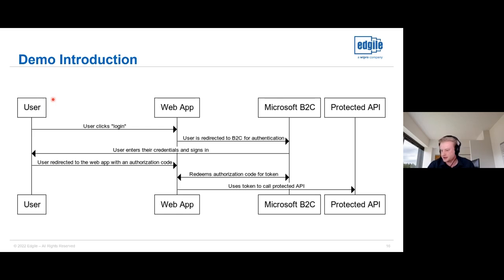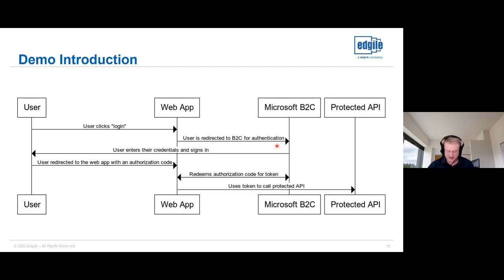So it all starts off with the user, and a user, of course, is going to navigate to your web application. And since they won't be signed in, you will have them either click login or be automatically directed if they don't have a session. So they'll be redirected off to B2C.